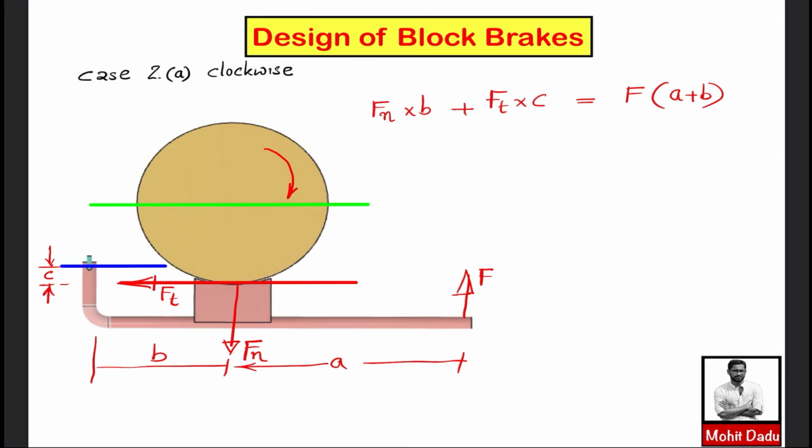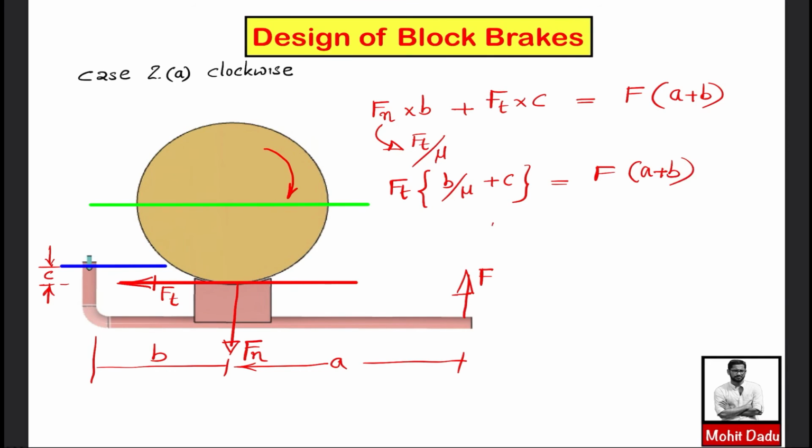Here I will be representing this Fn in terms of Ft, which is equal to Ft divided by mu. So I can write Ft into (B by mu plus C) equal to F into (A plus B).